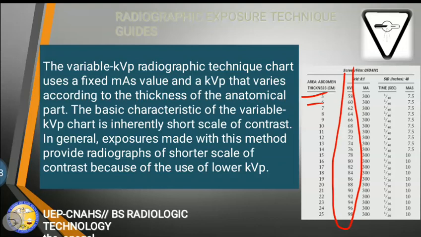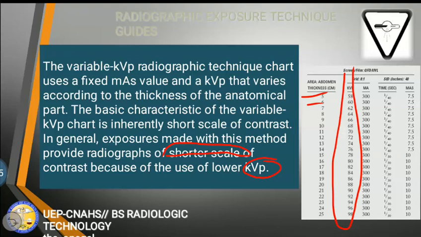So, remember again class that KVP is the controlling factor for the scale of contrast. Kaya nga ulit-ulit siya na sinabi dito, di ba? Sabi nga dito, the basic characteristic of variable KVP technique chart is short scale of contrast. So exposures made with this method provide radiographs of shorter scale of contrast because of the lower use of KVP.